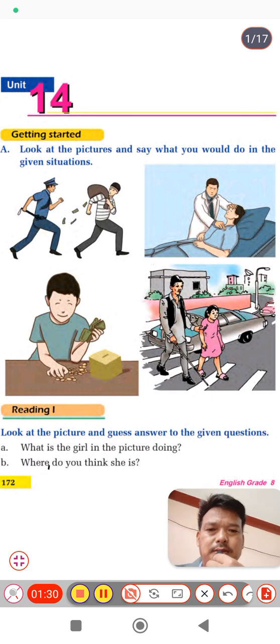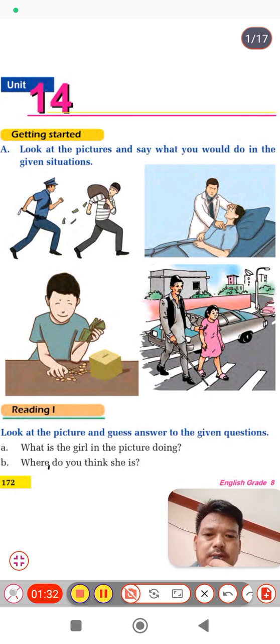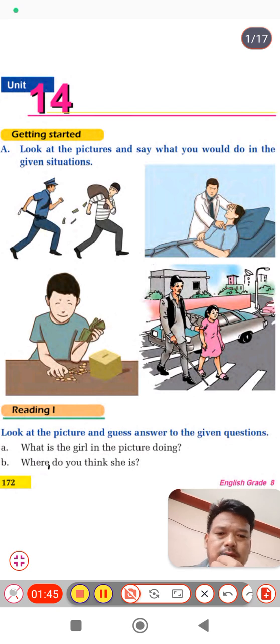In the third picture, we can see a boy playing with some coins or notes, I think. Yes, coins and notes. And here is a piggy bank. This is a piggy bank, where we keep coins and money inside. All of us must have a piggy bank at our home.